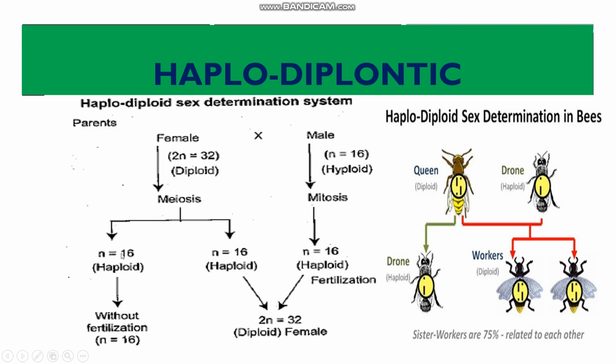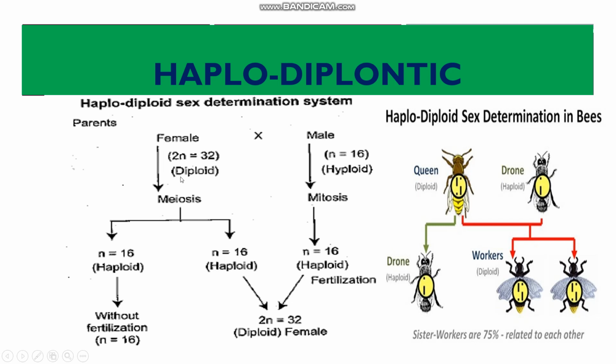If the haploid gamete of the female without fertilization develops into an individual, you get a haploid male. Whereas if the haploid gamete of the female fuses with the haploid gamete of the male, you get 2n equal to 32, a diploid individual, that is a female. So that is why we say this type of sex determination is haplodiploid sex determination.